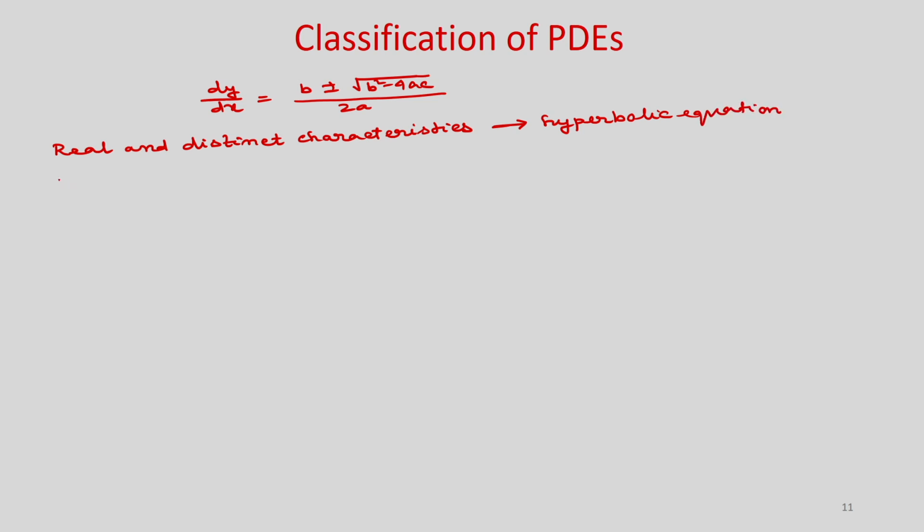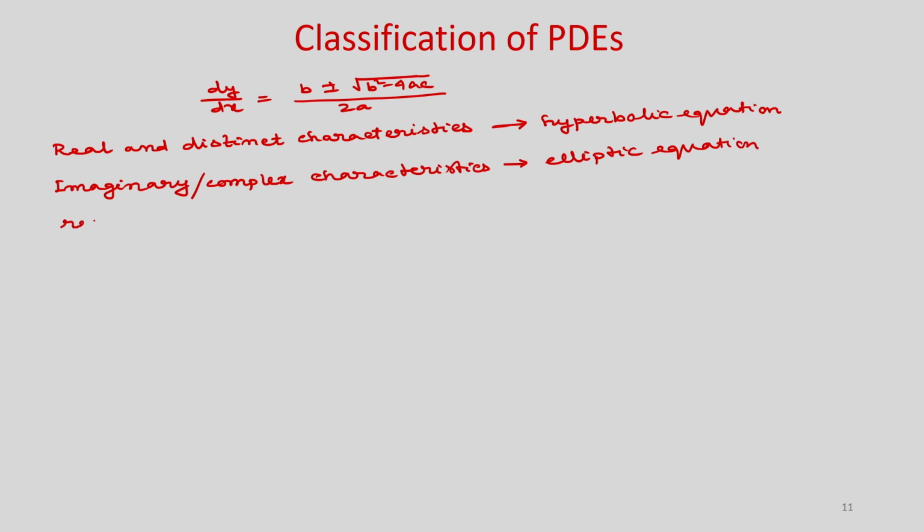Then if you have imaginary or complex characteristics, then it will be an elliptic equation. And if you have real and repeated characteristics, then you have a parabolic equation.